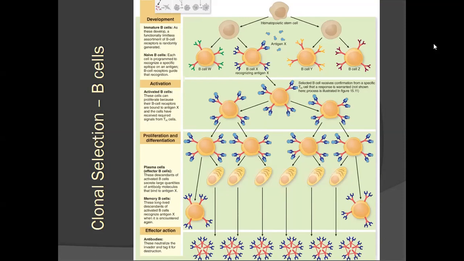I can now proliferate and differentiate into plasma cells that are going to produce antibodies to fight the infection, and then memory cells. So you're doing two things. You're responding to the current infection via the plasma cells, and you are anticipating a future infection, and you have these memory cells that are now hanging out and are ready to go.